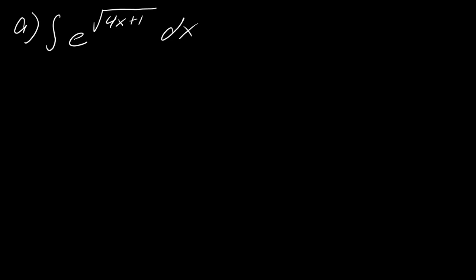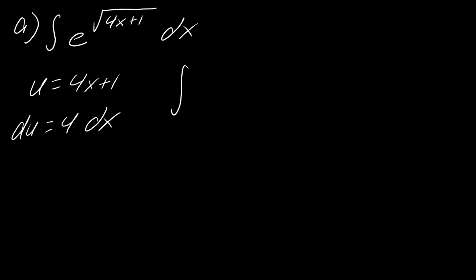So I think something that would be helpful is to explain why I even chose to do something the way that I'm going to do it. When I first look at this, my first inclination is to choose 4x plus 1 for a u, and then my du, of course, would be 4dx. And it feels like this should be the way that this goes, right?